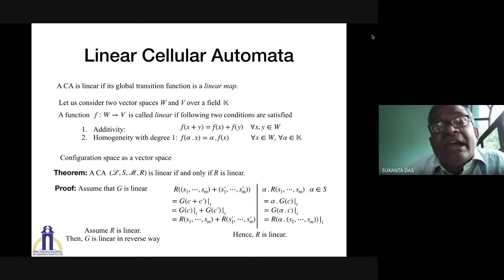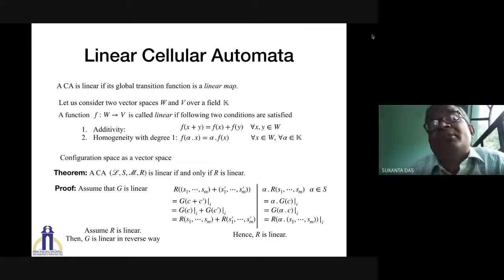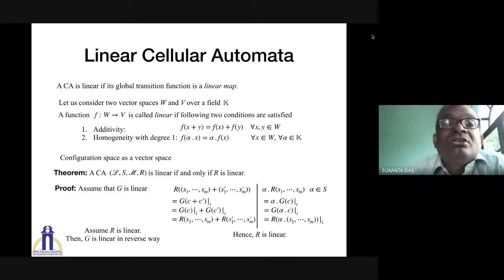We shall see later that if a finite CA is linear, then the CA can be represented efficiently by a matrix. And once you can represent it in a matrix, we have many known properties of matrices that can be used to characterize the CA. So this is the reason why many people are interested in linear CA.